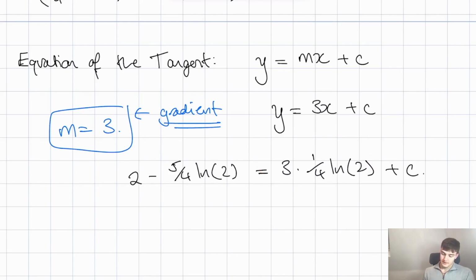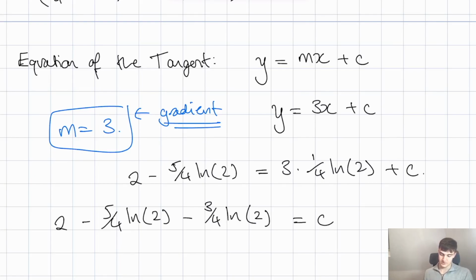That's going to give us 2 minus 5/4 ln 2 minus 3/4 ln 2 is equal to c.